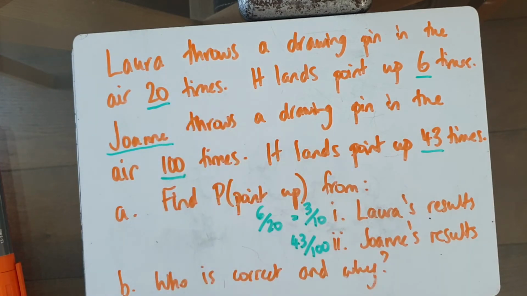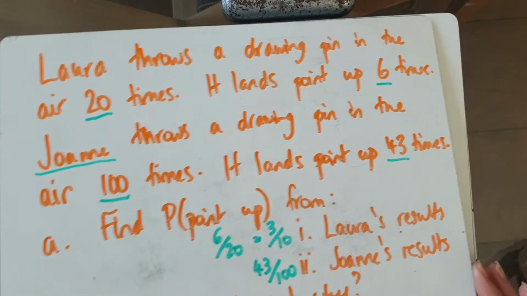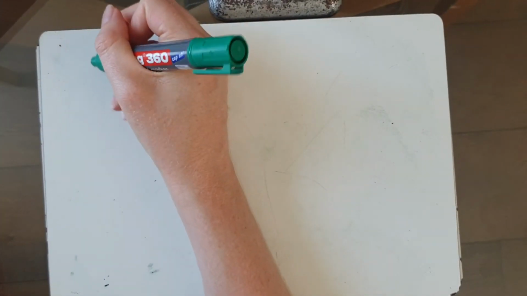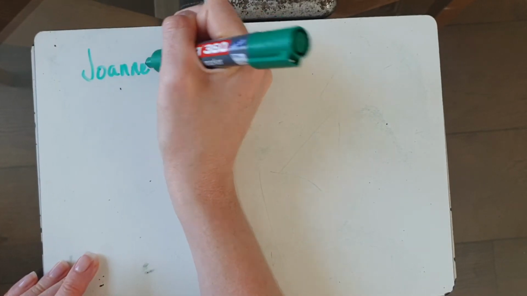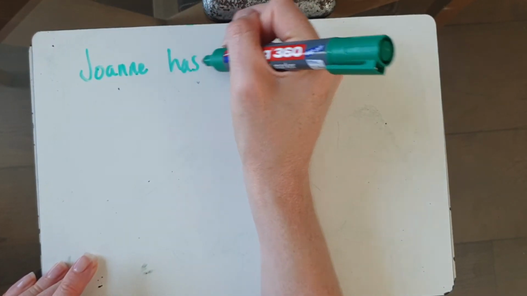Joanne has done more trials than Laura, so her estimate should be more accurate. However, we cannot know for sure, so we're going to write that down. So, Joanne has done more trials than Laura.